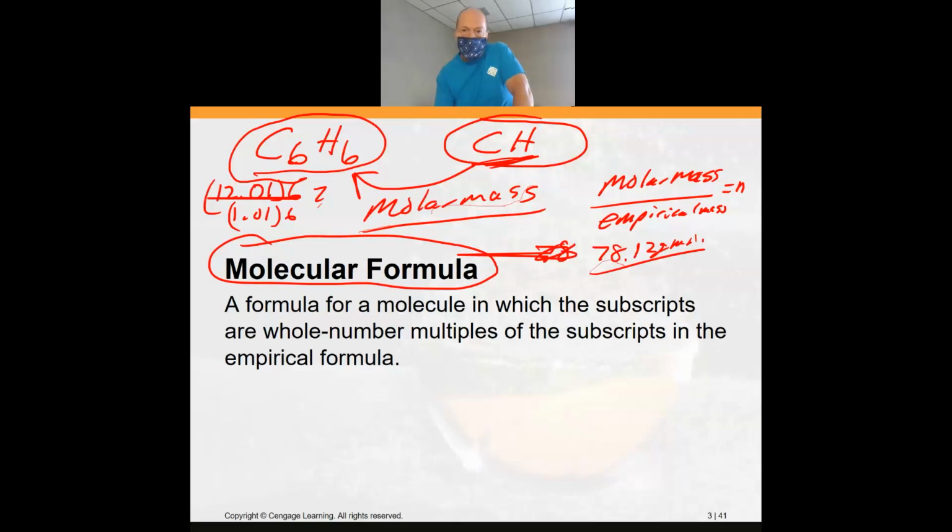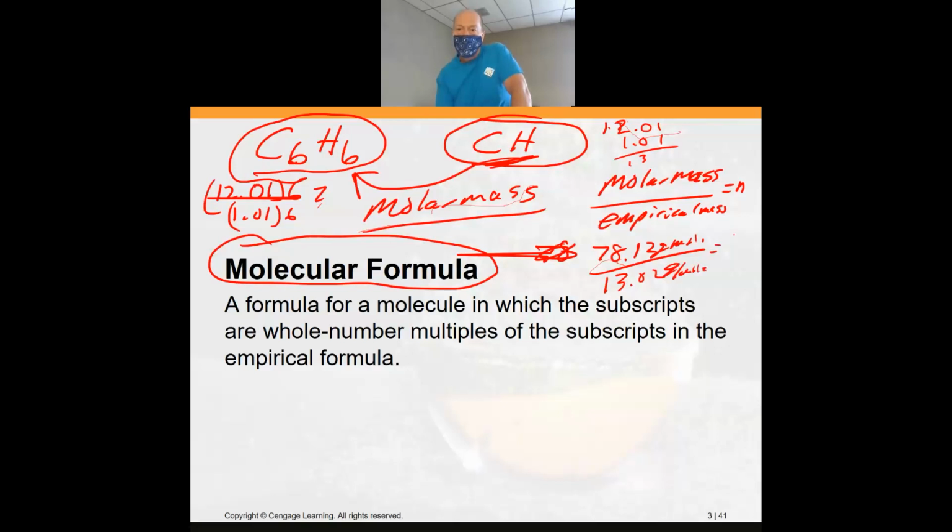All right, and then you would take your empirical, which off the periodic table, 12.01 and 1.01, 13.02, and so you divide by the empirical mass, which is 13.02. All right, grams per mole.